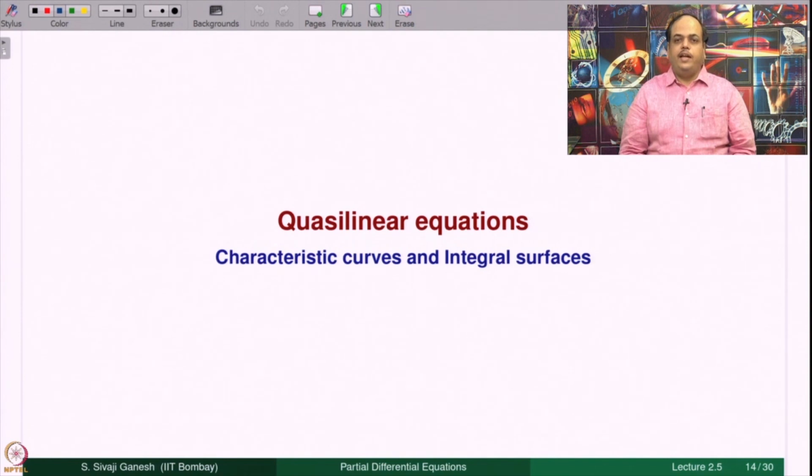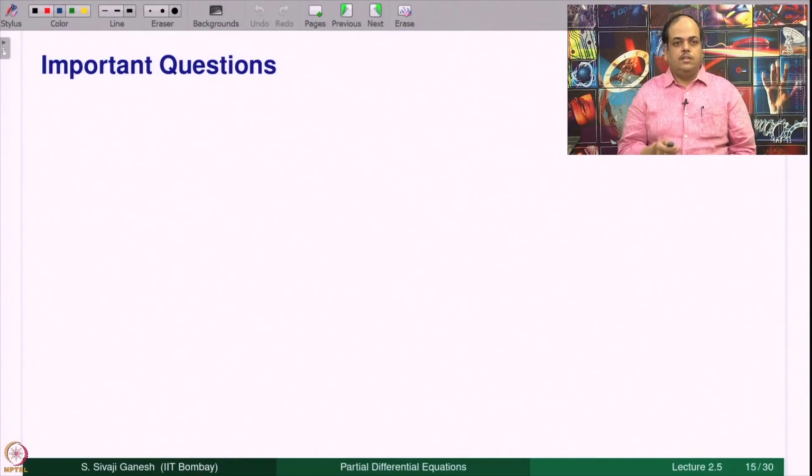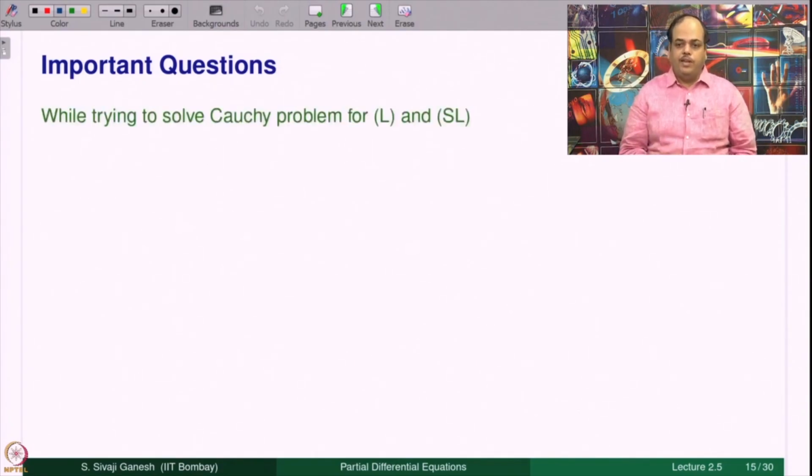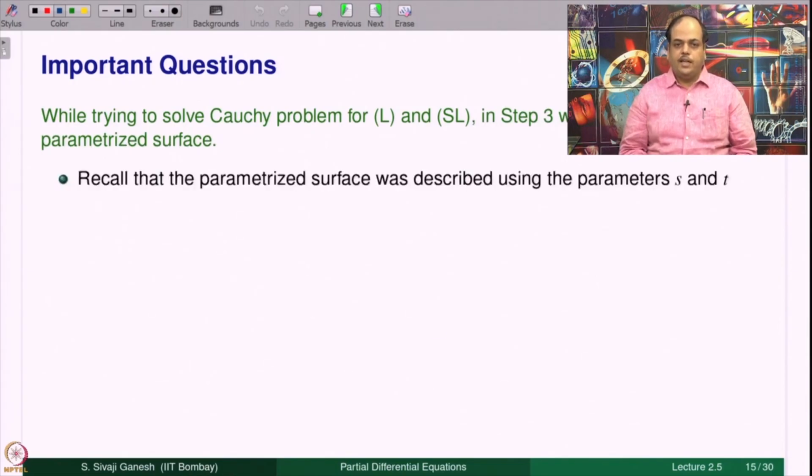Now, we have done this for linear and semilinear equations: we used base characteristics and then got characteristics, and from there we had a 2 parameter surface, a surface that we think is described by 2 parameters. So, why not do the same thing here for quasi-linear? Therefore, we ask the same questions. While trying to solve the Cauchy problem for linear and semilinear equations, in step 3 we obtained a parameterized surface.